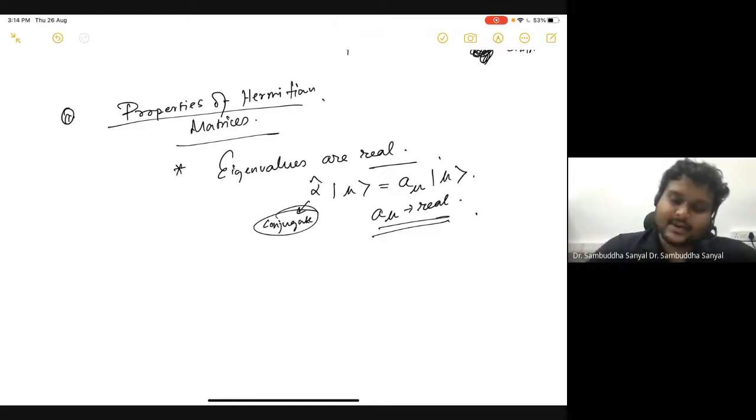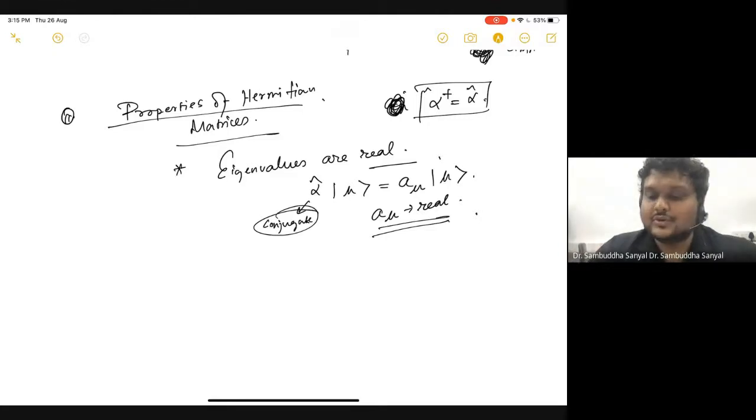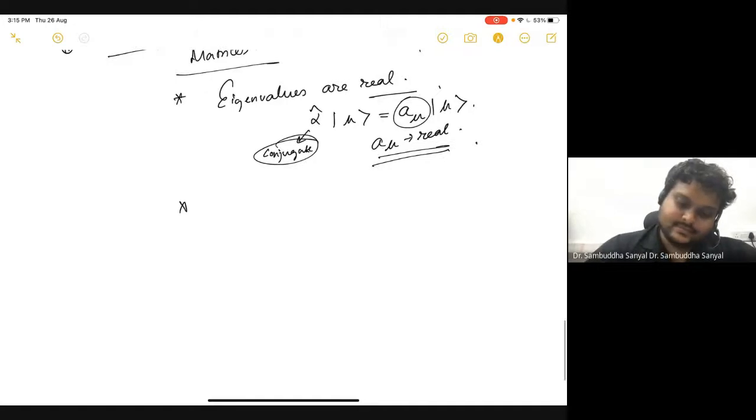Then use the property that alpha dagger is alpha, use this property to show that this object mu can be only real. It cannot have any imaginary part. It's a two-line proof. Just try it.